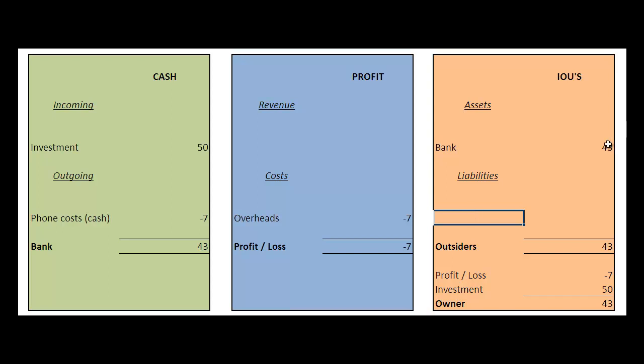You'll see that the bank is now £43 as a result of the phone costs, which means our outsider's balance is now £43, and the owner's share of the business is also £43, so it equals the balance for the outsiders. You have to make sure this is always the same figure.